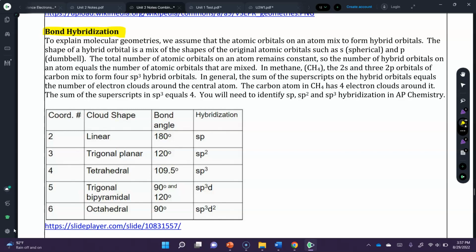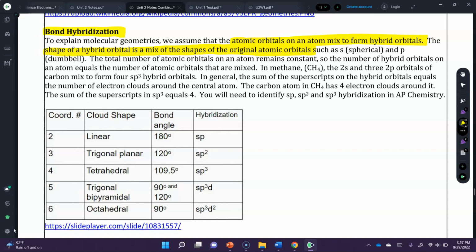So to explain molecular geometries, we assume that the atomic orbitals on an atom mix to form hybrid orbitals. These are our bonding orbitals. The atomic orbitals hybridize when they bond. The shape of a hybrid orbital is a mix of the shape of the original atomic orbitals. So S spherical and P dumbbell, those blend and become a new bonding orbital.